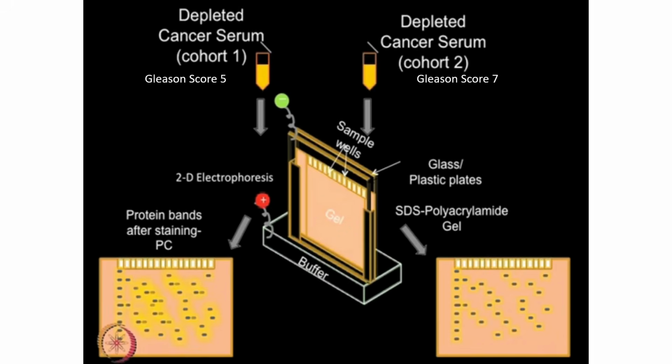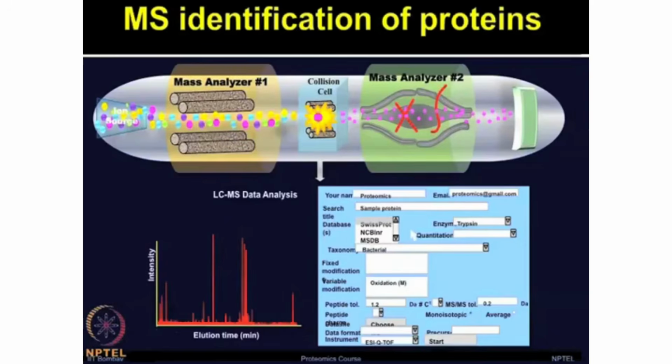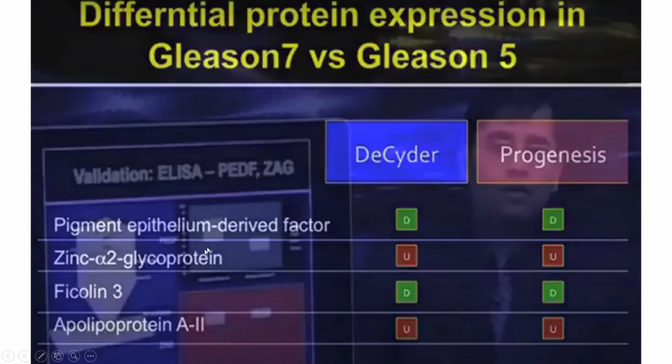So they used that analysis, and they found these two specific proteins, one getting downregulated and one getting upregulated, like Gleason 7 versus Gleason 5.